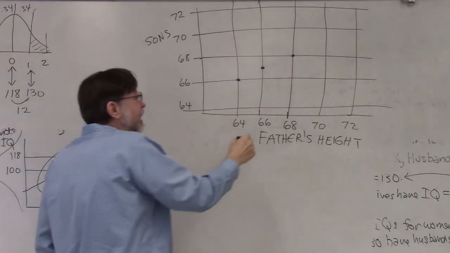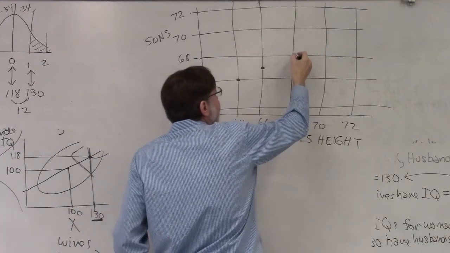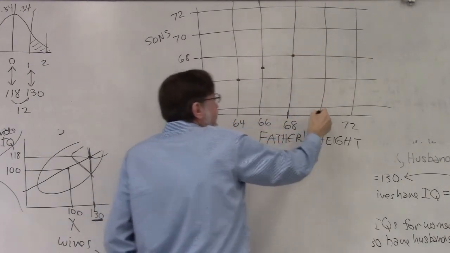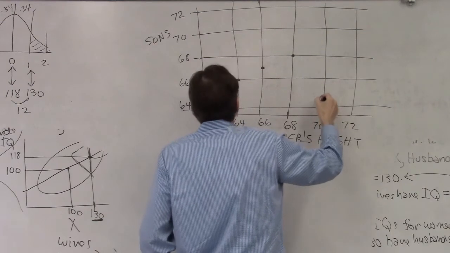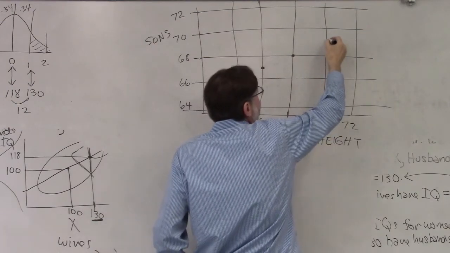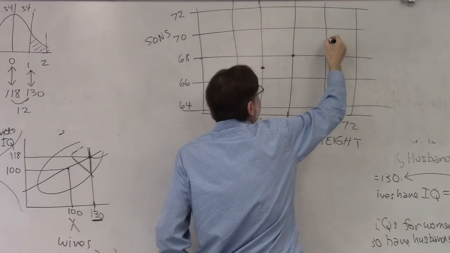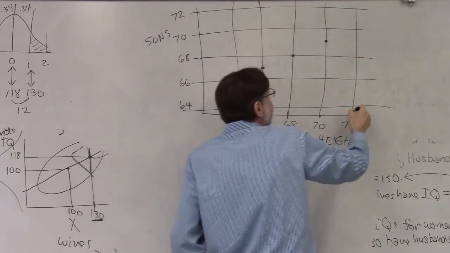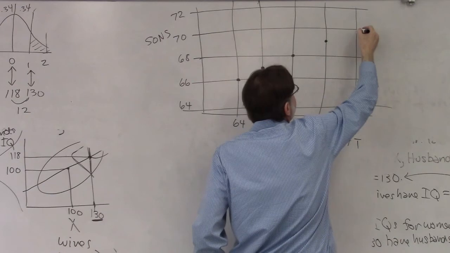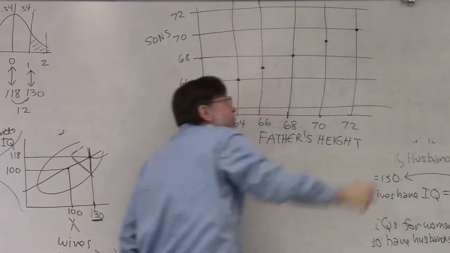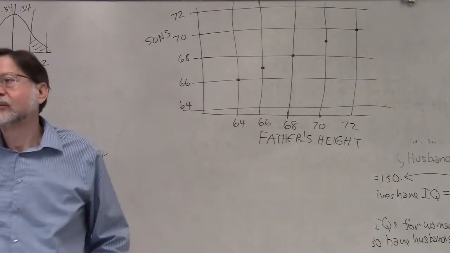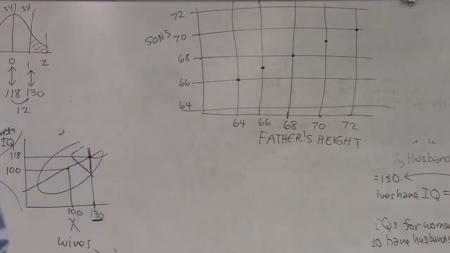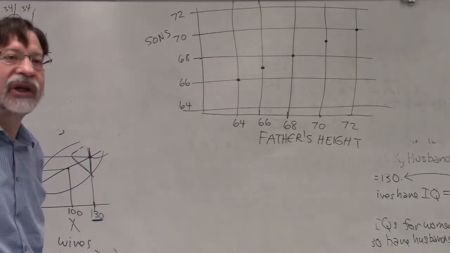And he took the 68-inch fathers, and he found on the average the sons were 68. And he looked at the 70-inch fathers, and he found that on average, the sons were 69, shorter than the fathers. And the 72-inch fathers, he found that on average, the sons were 70 inches tall, shorter than the fathers. And he said, regression to the mean. This is evidence of the blood mixing theory.